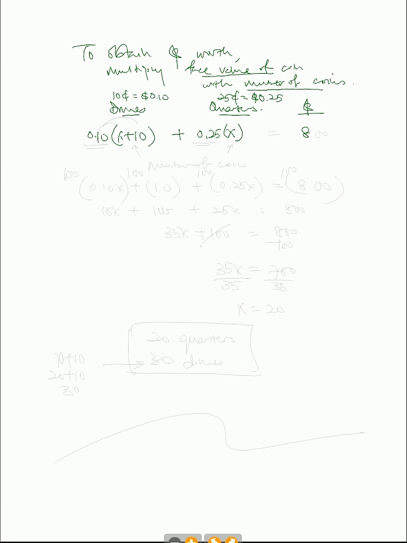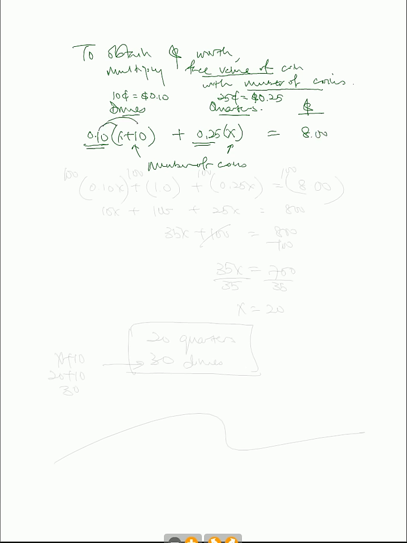Face value of the coin and number of coins. So the x plus 10 and the x that you see here is just the number of coins. So these are referring to the number of coins. Okay, whereas the 0.10 and the 0.25, that's referring to the face value of the coin, and that is equal to $8.